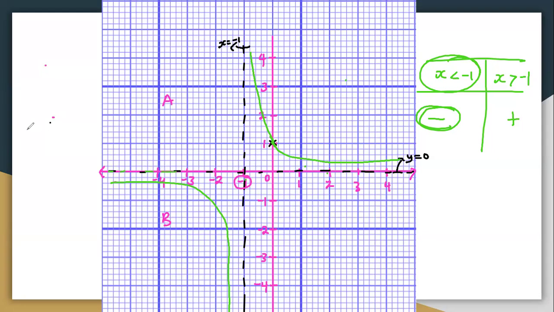Here, when you look at it very well, you notice that below the x-axis there is an asymptote, and we said our curve does not touch it, though it can pass through the asymptote. And this is the vertical one.